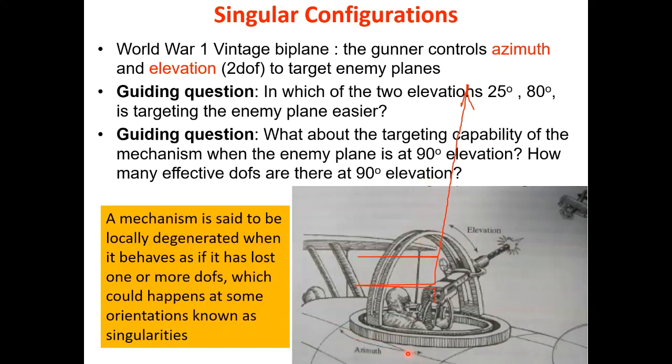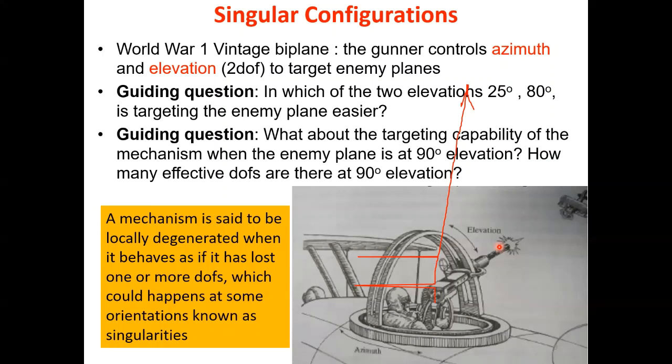Azimuth has no effect on the pointing direction when the elevation is 90 degrees. So you can imagine that at 90-degree elevation, it looks like you have lost your azimuth control. There's no use of azimuth.